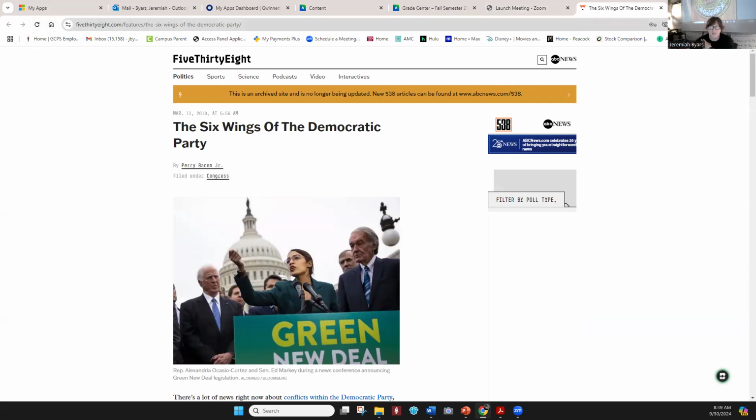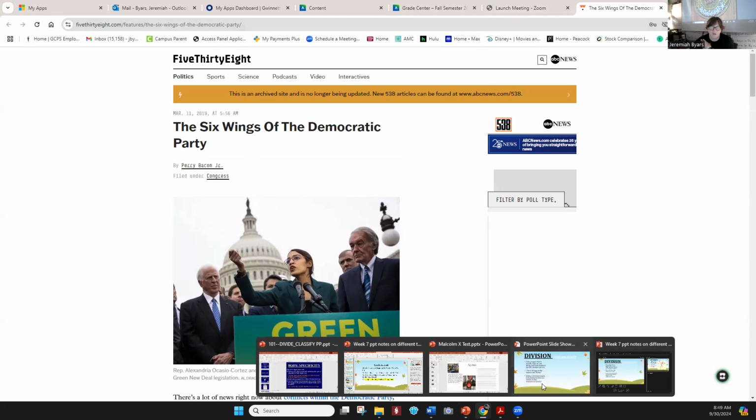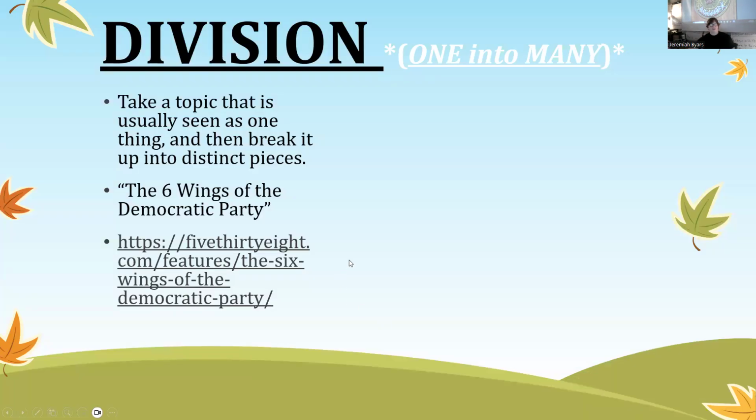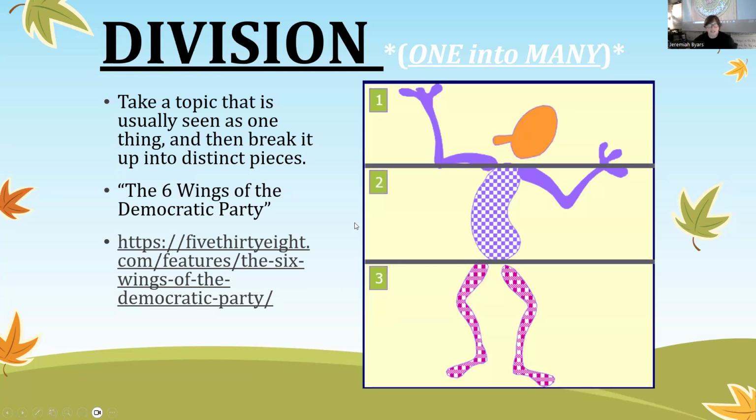They have very different beliefs also. So it's important to understand the differences. You might be under the same umbrella, but not really all the same.